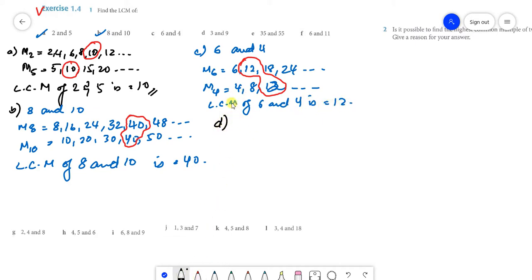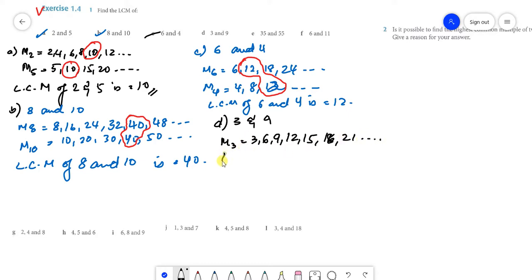Question D, 3 and 9. So first we write M3. 3 1s are 3, 3 2s are 6, 3 3s are 9, 3 4s are 12, 3 5s are 15, 3 6s are 18, 3 7s are 21, and so on.